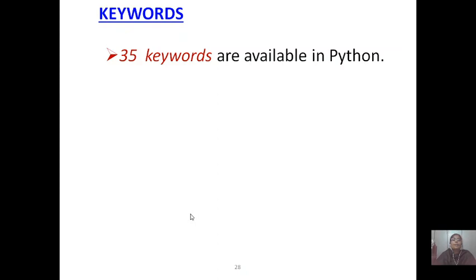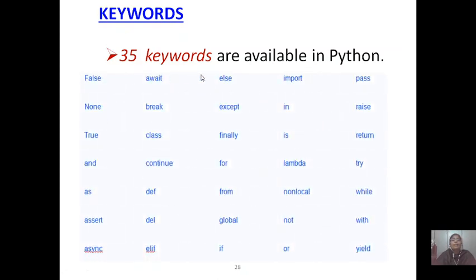There are a total of 35 keywords available in Python, and these are the keywords: False, await, else, import, pass, None, break, except, in, raise, True, class, finally, is, return, and, continue, for, lambda, try, as, def, from, nonlocal, while, assert, del, global, not, with, async, elif, or, yield.